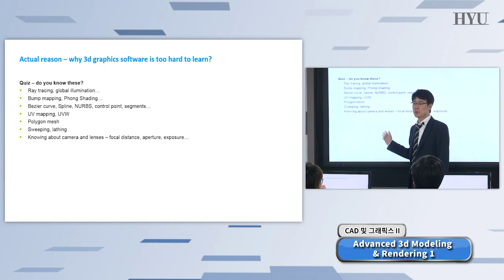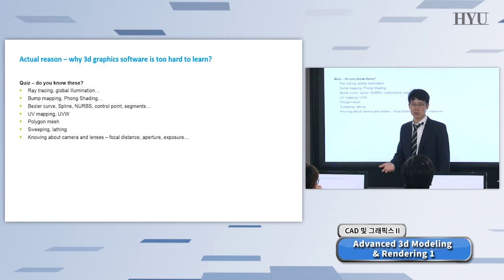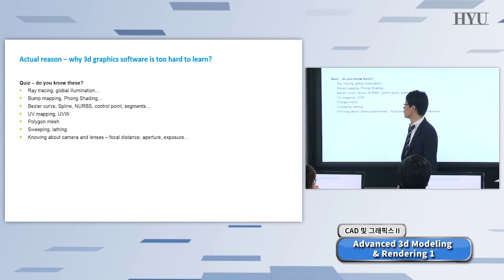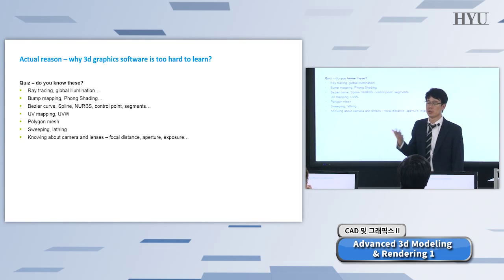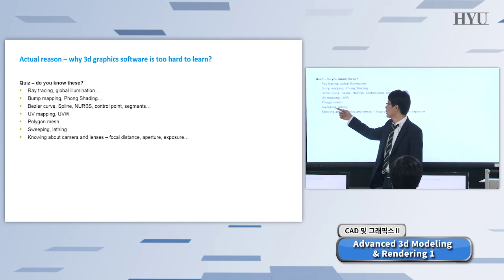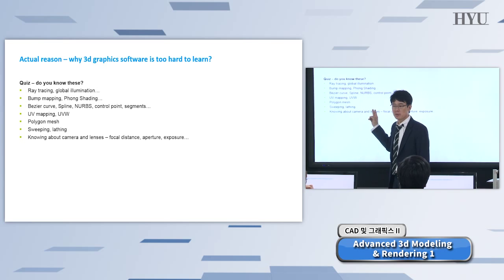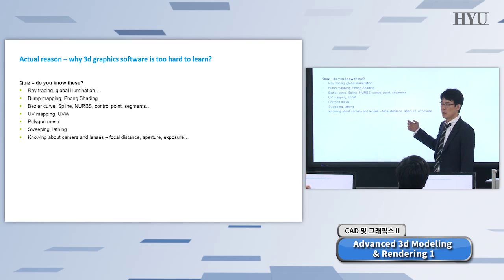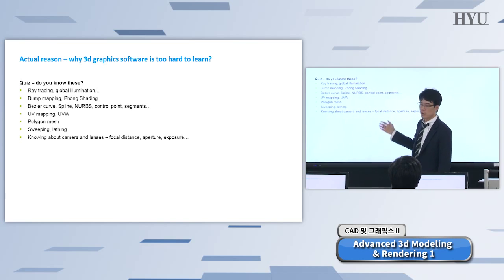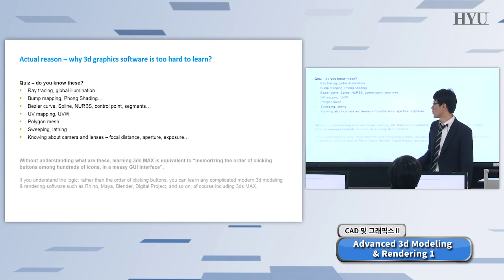This is my major point in our design computing class or digital design course. Ray tracing, global illumination, so-called GI, or final gather, FG, which we are using in 3D Max Mental Ray, UV mapping, polygon mesh, number of segments, number of polygons, camera lens, focal distance. All those background theories or techniques that you need to take care of, okay?